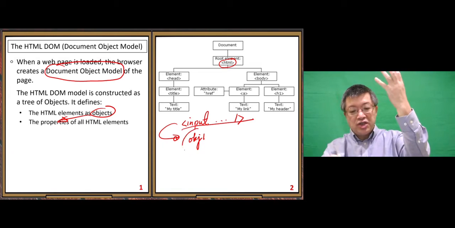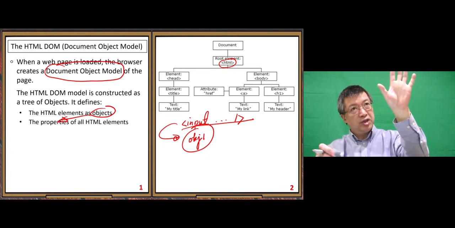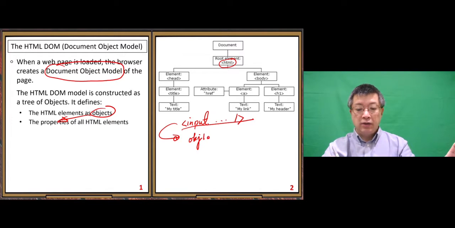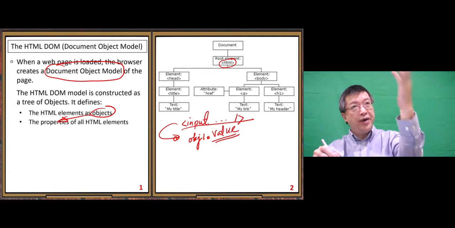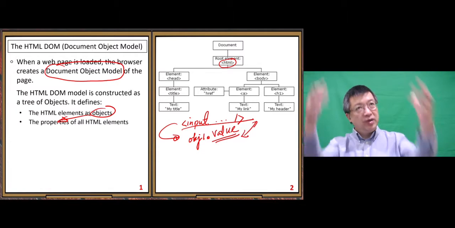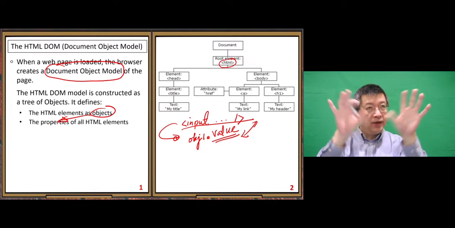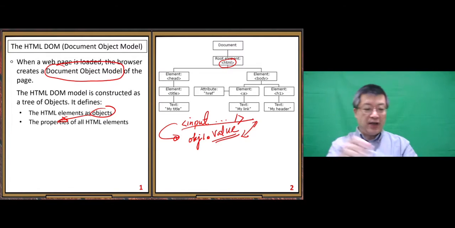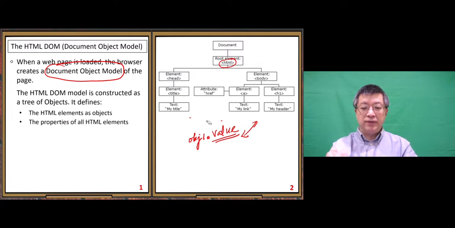Using this object, you can access its properties. Here I'll give you one example of a property: dot value. Value is one of its properties. So you use obj1.value, and you can access it two-way, retrieve it and write it, assigning it a new value. So you can access objects of all HTML elements.